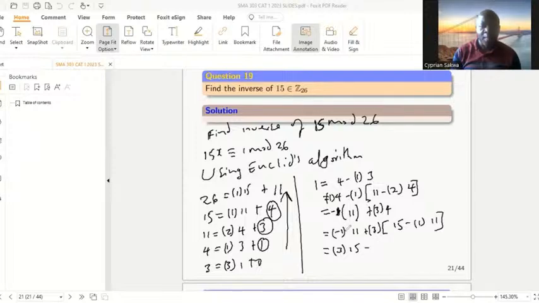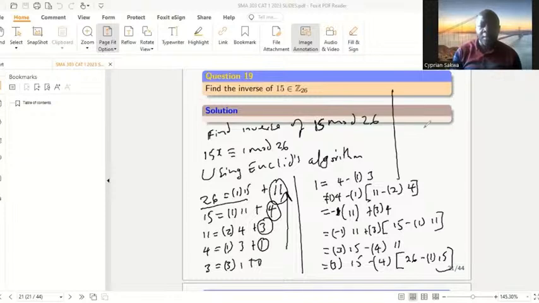Minus 3, minus 1, that's minus 4 times 11. So now, instead of this 11, I know what it is. I know that 11 is here. It can be replaced by this 26 minus 15. And let me just continue from here.